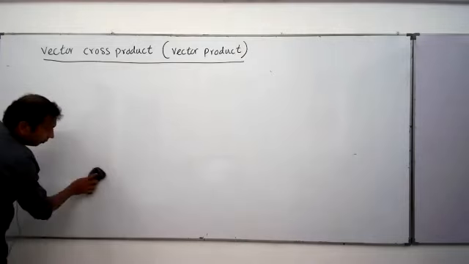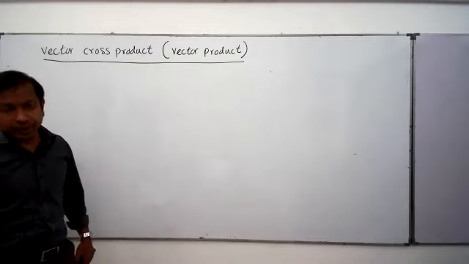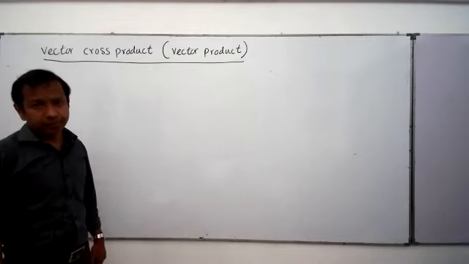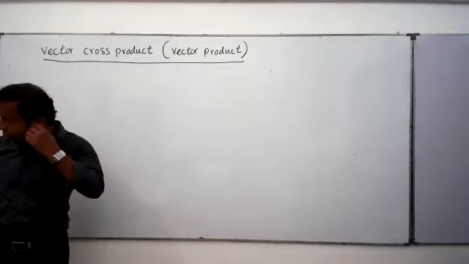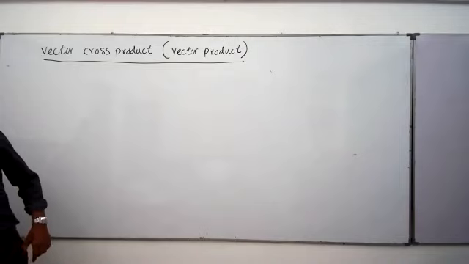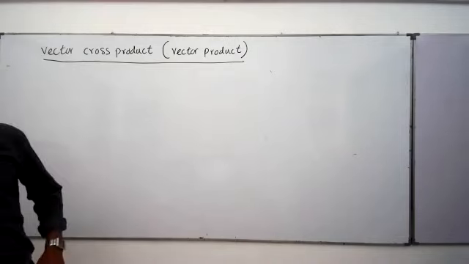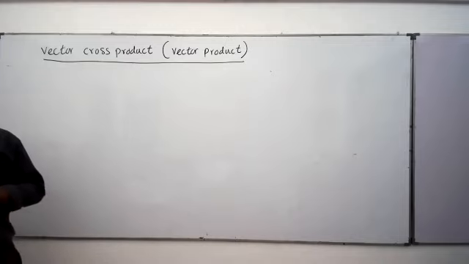And now suppose, people, we have two vectors A and B. To illustrate this, I'll take an example like this. I need a plane.